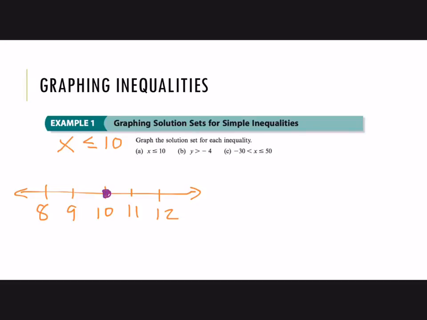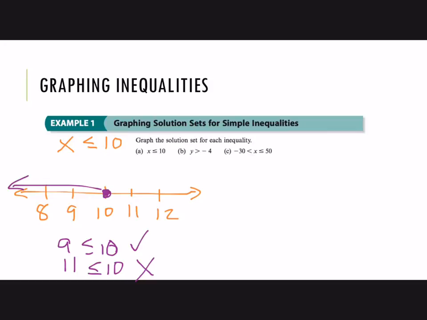And then x is less than 10 would be everything to the left, so you draw an arrow to the left. If you're having trouble deciding which way to shade, what you can do is test a number on either side of the inequality. If you want to see if you shade to the left, maybe you would test 9. You would check, is 9 less than or equal to 10? And if so, that makes it true, so that's part of the solution. When you test 11, that makes a false inequality, so that means you should not shade to the side of the number line that has 11.